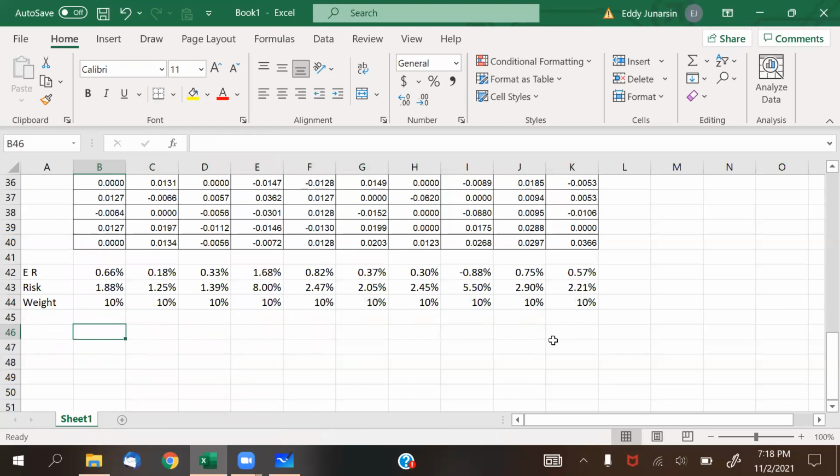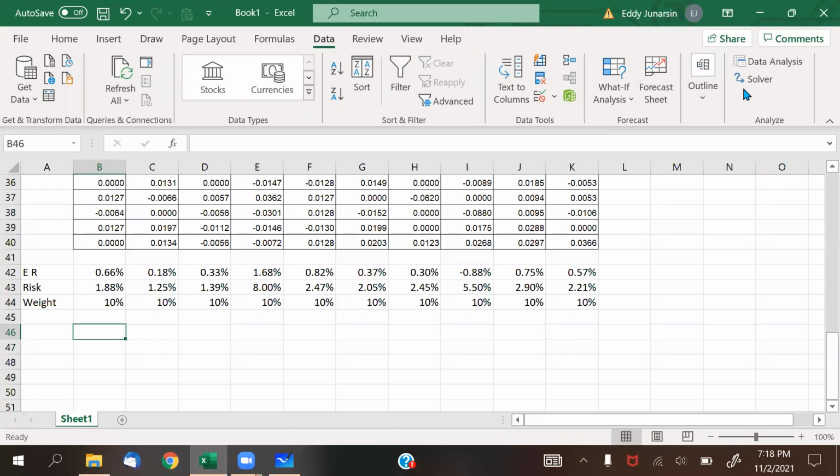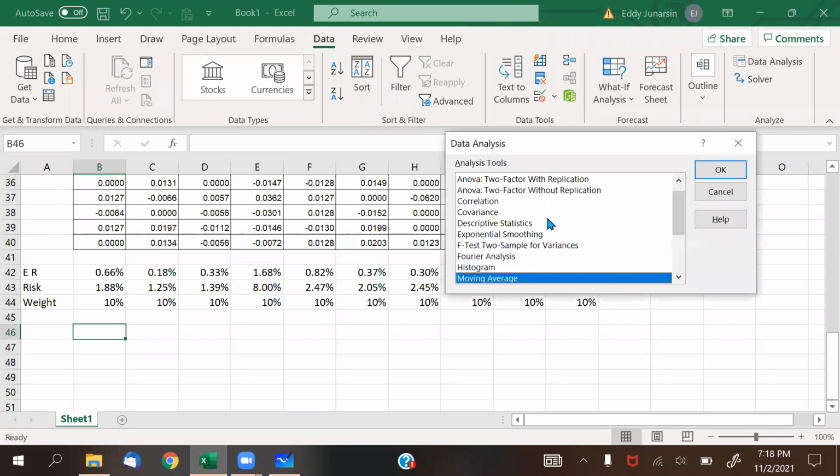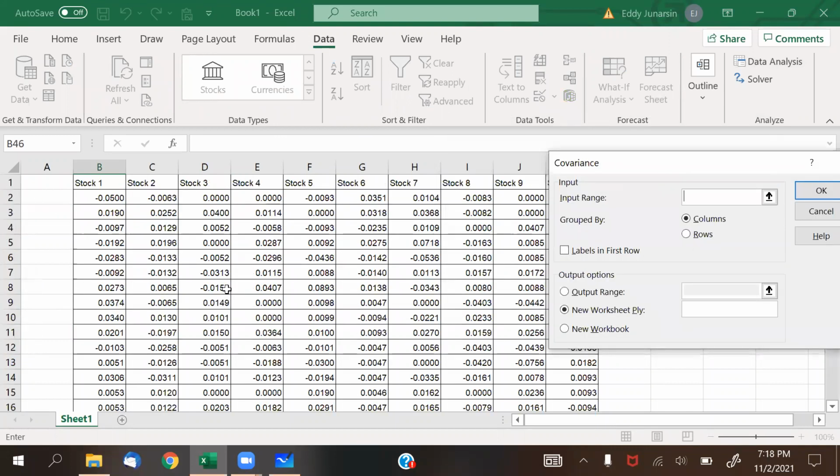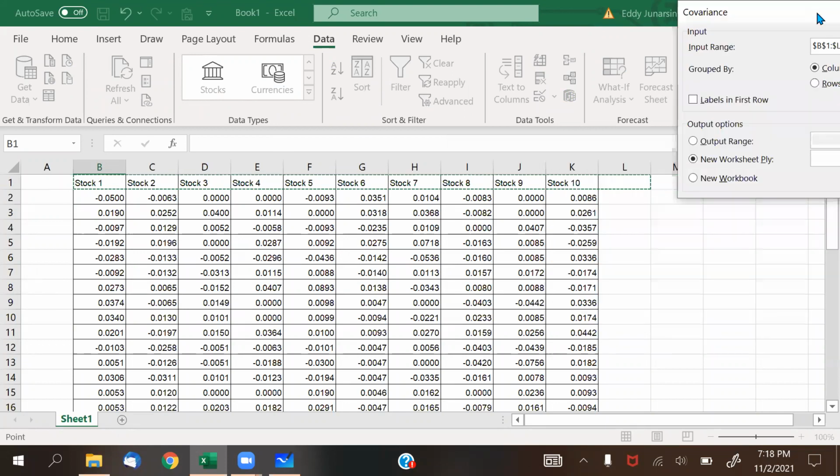Now I want to make the variance and covariance matrix. I'll get the help from Excel. I use Data, then Data Analysis, and I use Covariance. My range would be everything here, including the first row.